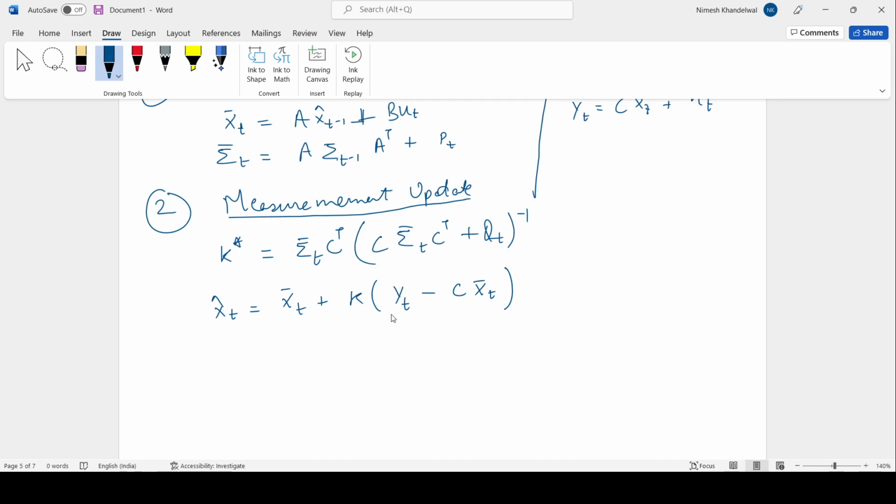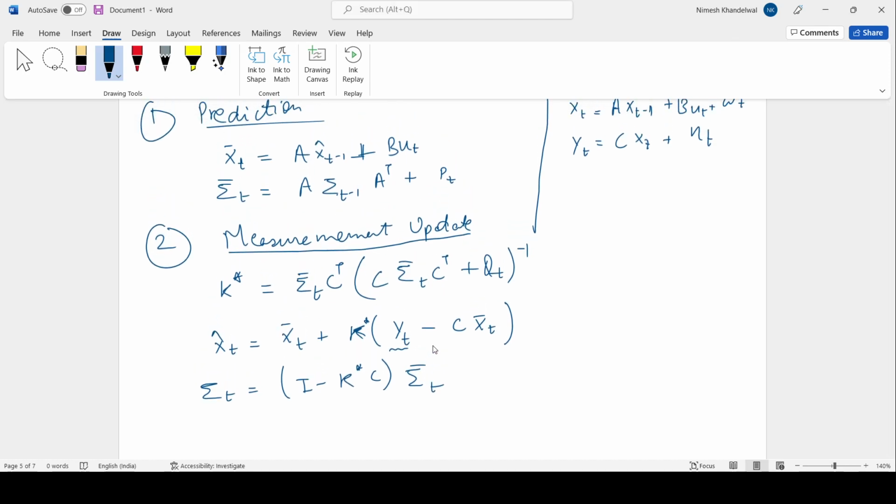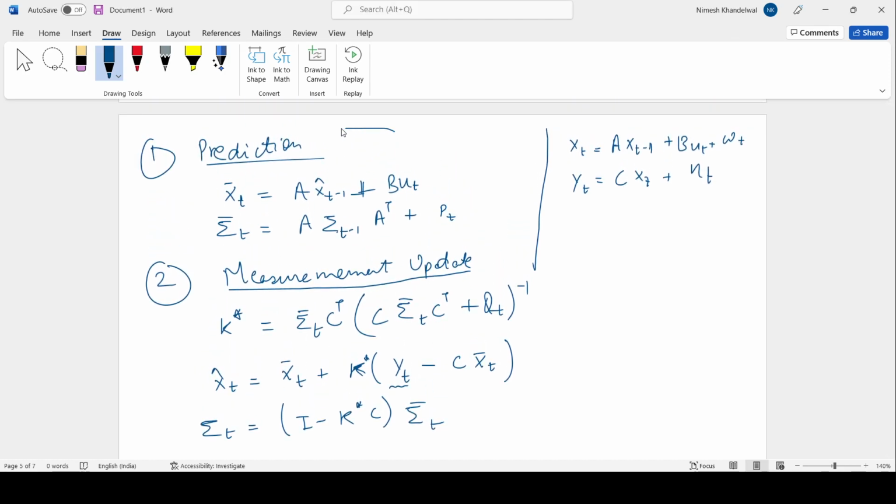This y is your measurement that will come from the sensor. And what is your final sigma t? That is just I minus K star C, times sigma bar t. Good, so this is your Kalman filter algorithm.